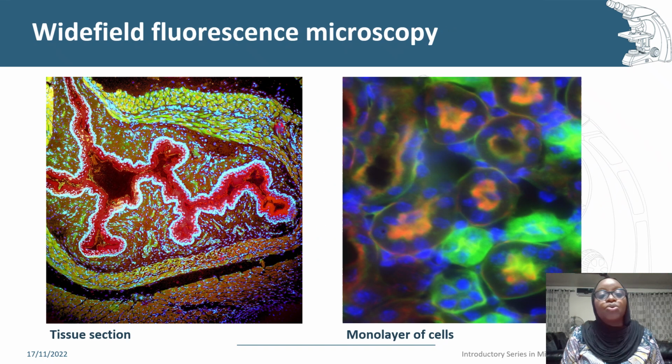So, wide field fluorescence microscopy. If you take a look at these two images, you see the tissue section and the monolayer of cells. If both of these images were taken with wide field fluorescence microscopy, then why is the tissue section clearer than the monolayer of cells, if they are both roughly the same thickness?